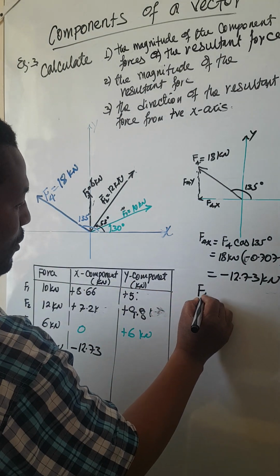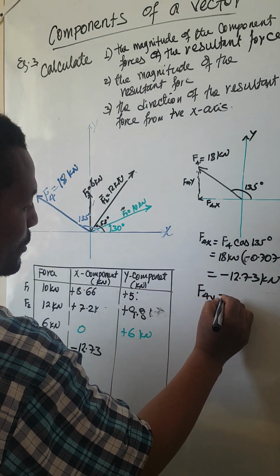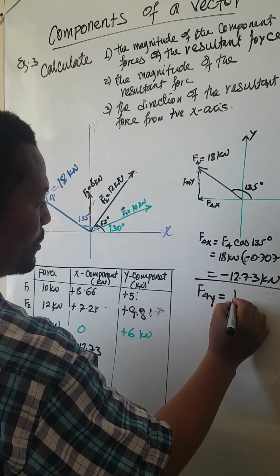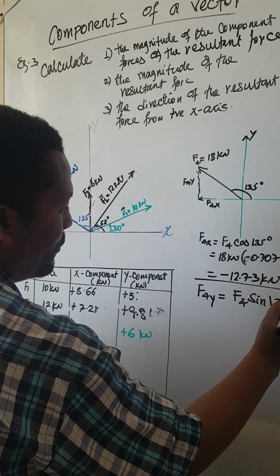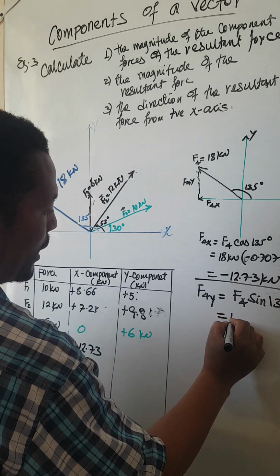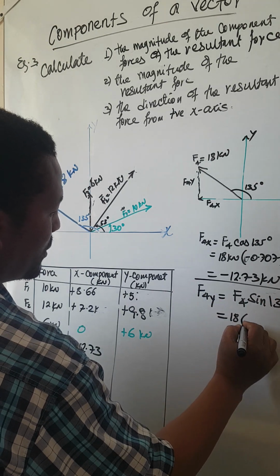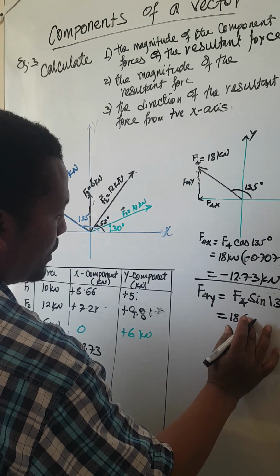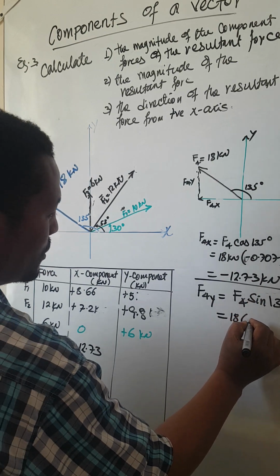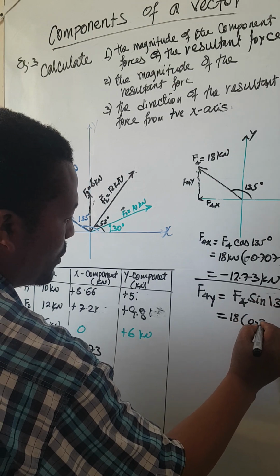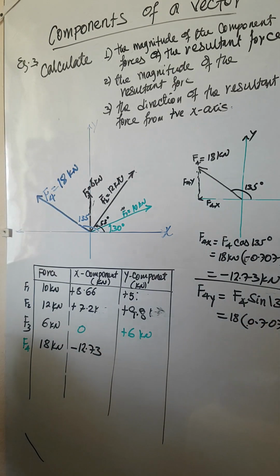and the y component for this, F4y, is equal to F4 sine 135 degrees. This is equal to 18 times sine of 135, which is 0.707.